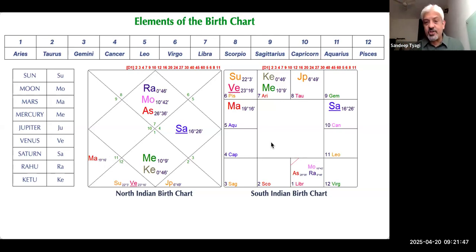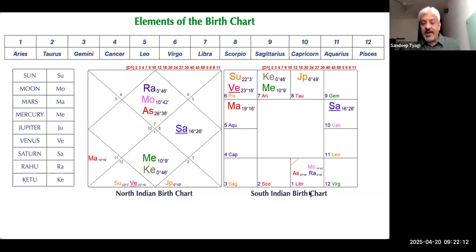Coming to the South Indian chart, Aries, Taurus, Gemini, etc. will remain fixed. They don't change the rising ascendant by any format. So what they've done is they've fixed all the zodiacs exactly the way they are. So we have Libra and we have AS.